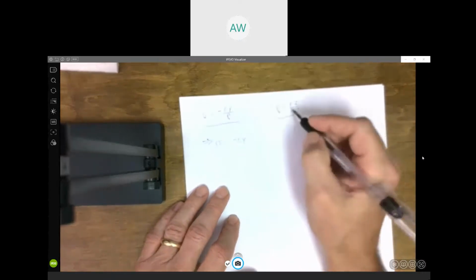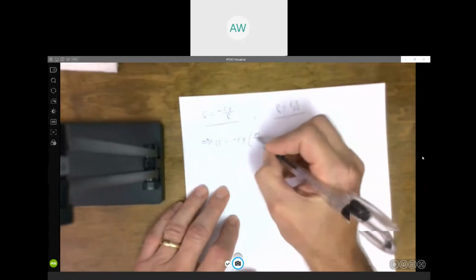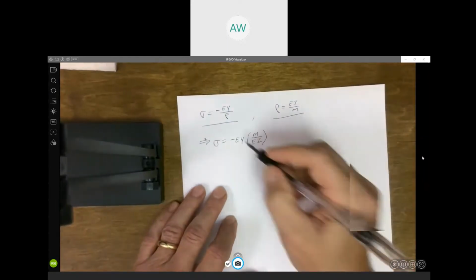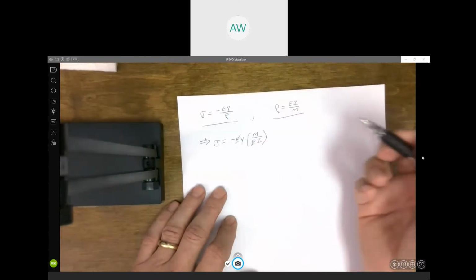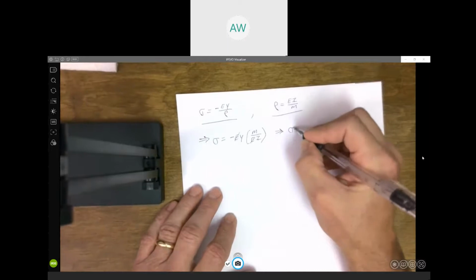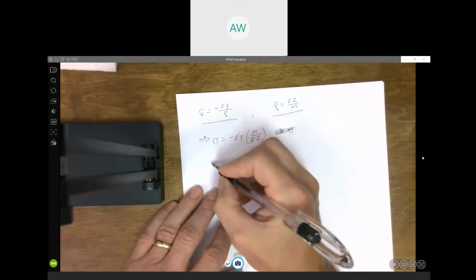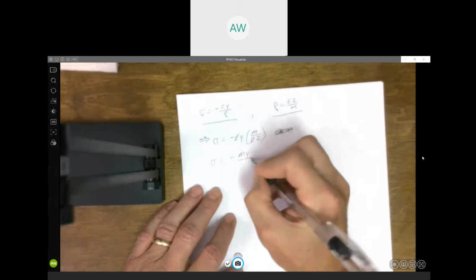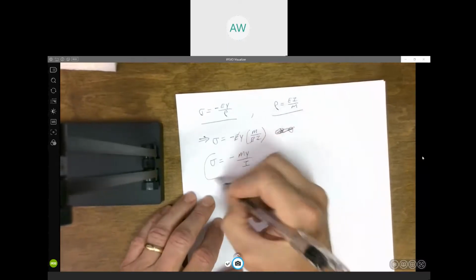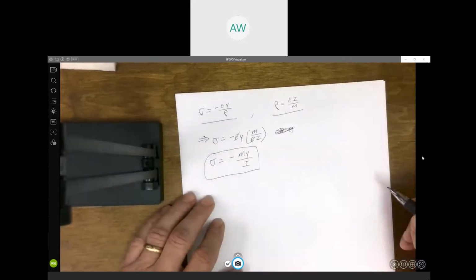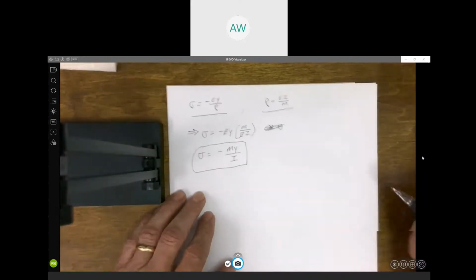If we divide by rho, we're going to multiply by the inverse, M over EI. Well, the E's cancel. And what we have then is, I'll come down here, stress is minus My over I. That's the formula we're after.